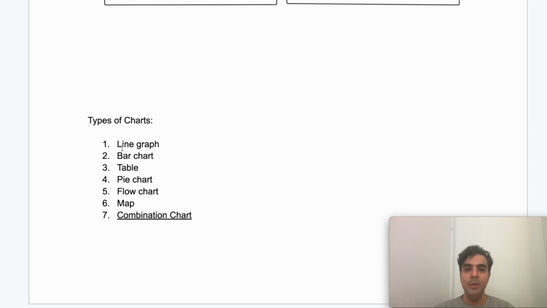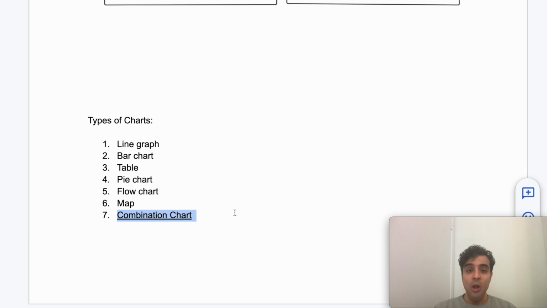So again, we might have a line graph and a table forming a combination chart. We might have a bar chart and a pie chart forming a combination chart. Sometimes we have multiple pie charts. So you might have 4 pie charts forming a combination chart or a combination task, if you will.